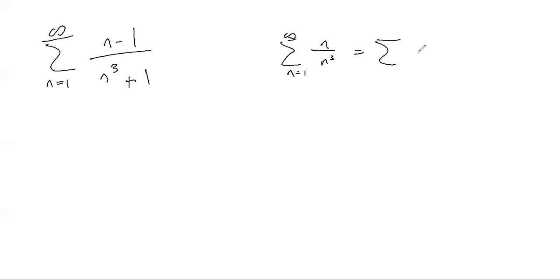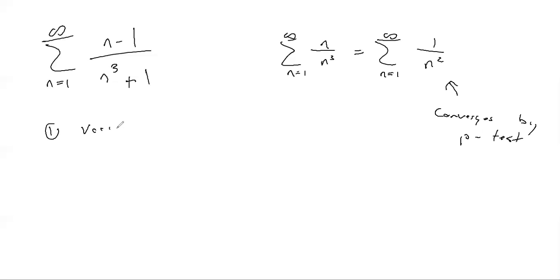Well, that is equal to 1 over n squared. Now this, again, converges by p-test. We're seeing p-test again, okay? So maybe that's a hint that this should converge as well. Okay, so let's go through our steps.